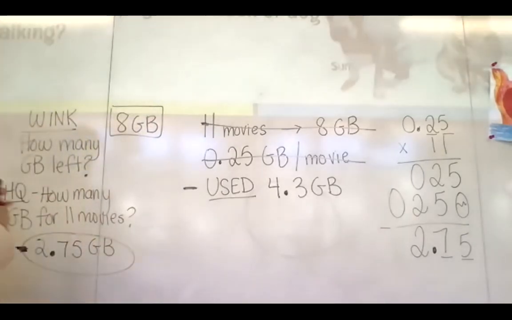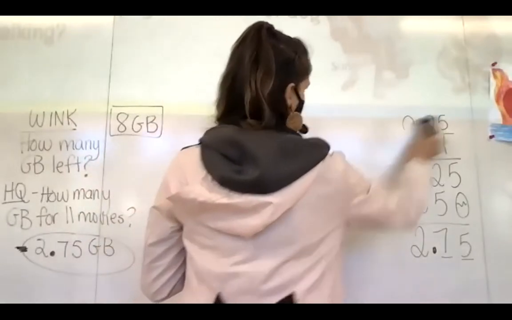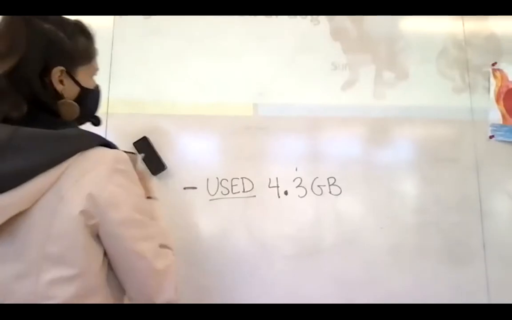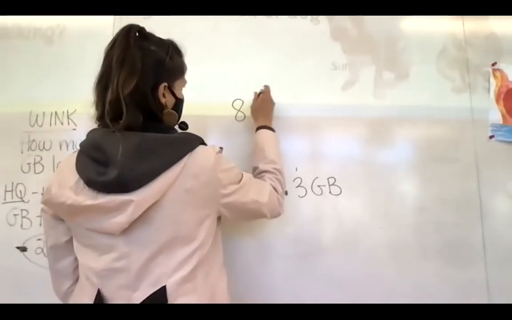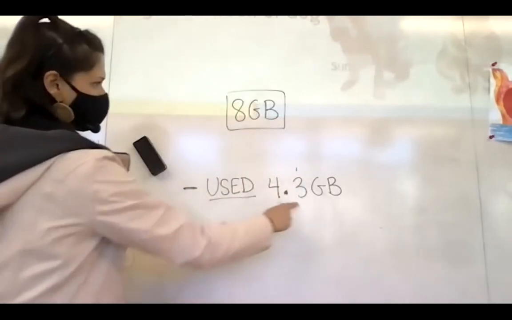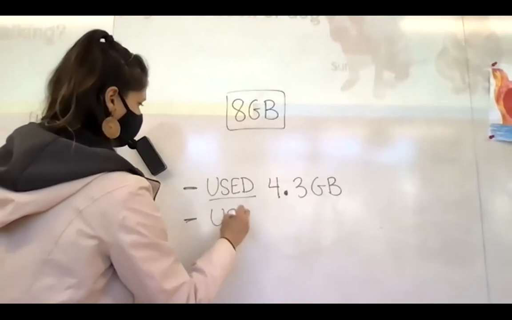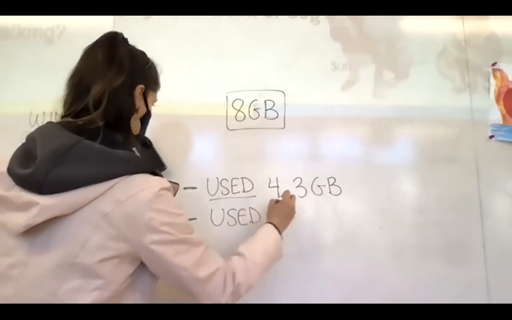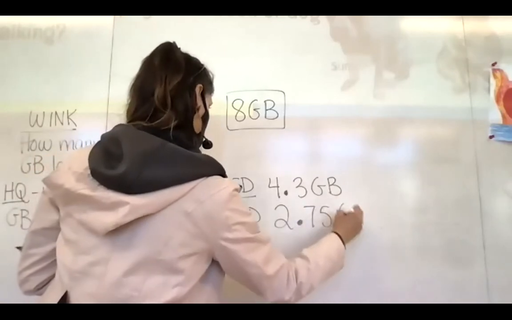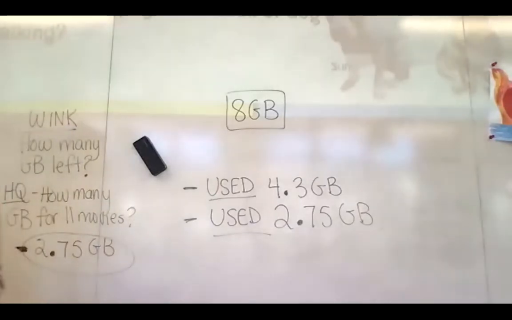All right? So I'm going to erase this so we have a little more space on my page. We started off with 8 gigabytes. We used 4 3/10 already, and then we're going to use another 2 75/100ths gigabytes for those 11 movies she wanted to add on.